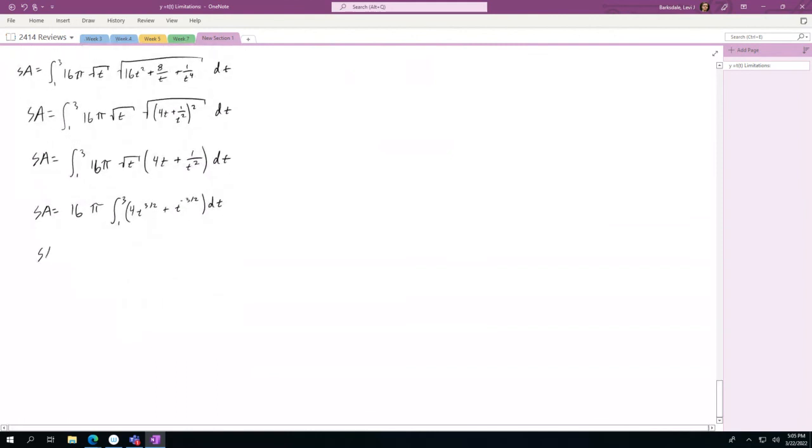Now when I go ahead and evaluate this integral, I have 2/5 times 4 is 8 over 5, t to the 5 over 2, minus 2t to the minus 1/2, evaluated at 1 and 3.